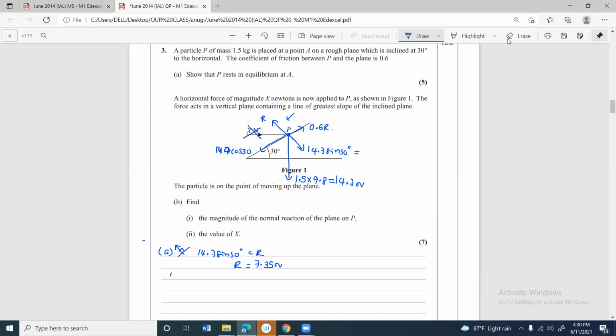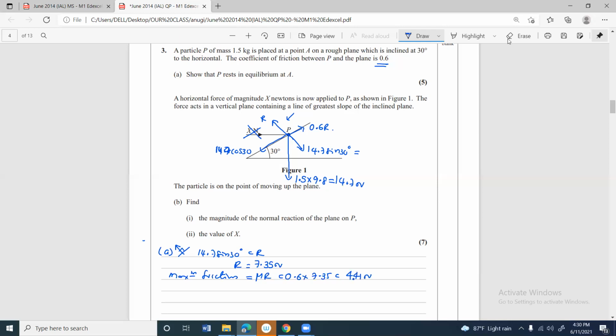Then we can find the maximum friction. Over here, the coefficient of friction of the plane, 0.6, means this is the maximum friction the surface can exert on an object. That is mu R. Mu is 0.6, R is 7.35, so 7.35 into 0.6 is 4.41 newtons.